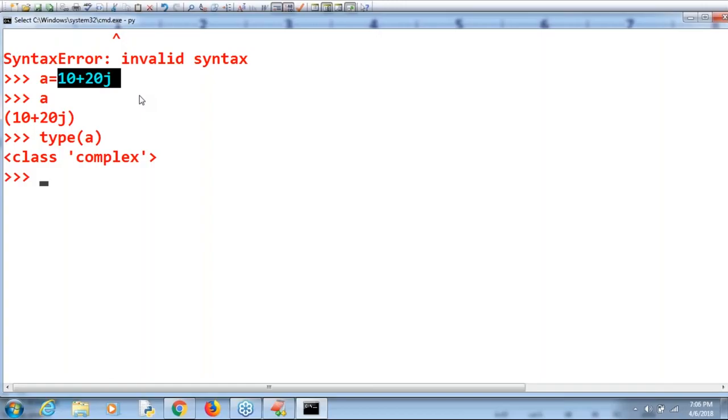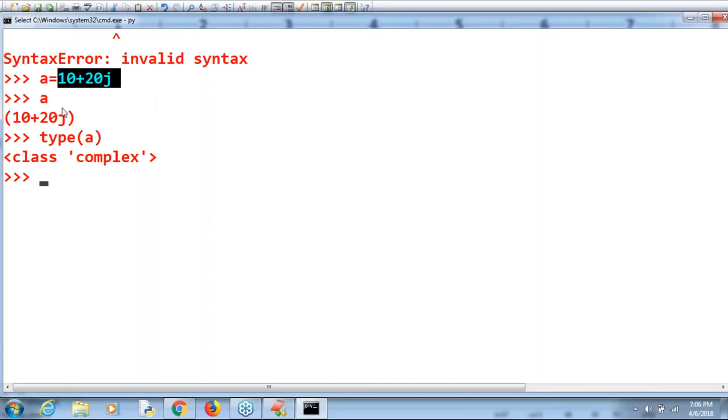Like, sir, I want to write a Python program to develop a scientific calculator. There we may require complex number operations also, so automatically we should go for this data type only. Remember that. Okay, so this is the way to represent a plus bj.